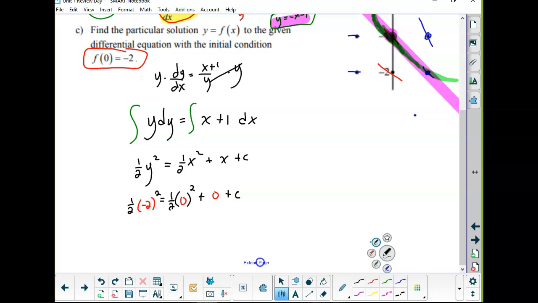And the nice thing is you can kind of quickly see -2 squared is 4. Half of 4 is 2. So I found c pretty quick. And we're going to go right back to where c first appeared, and we'll plug in our c value.